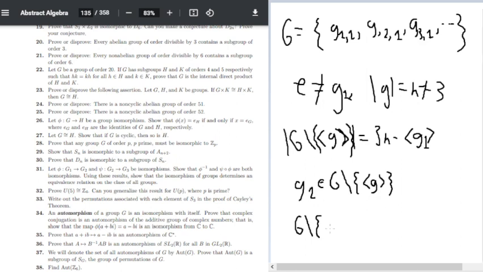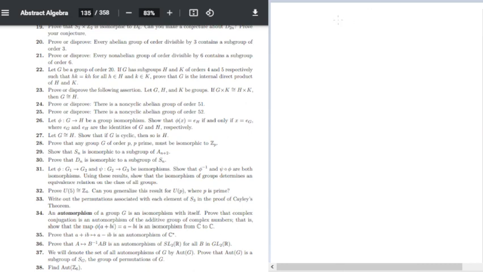But that ultimately means that, okay, I think I know how I want to phrase this. Basically, suppose that the order of G is equal to some prime times Q, or times n.